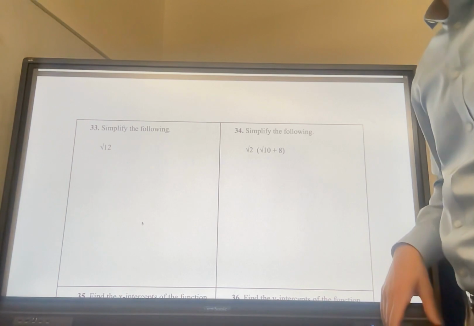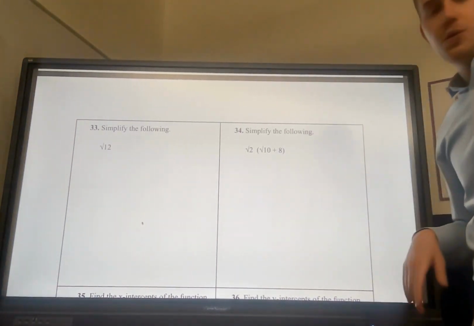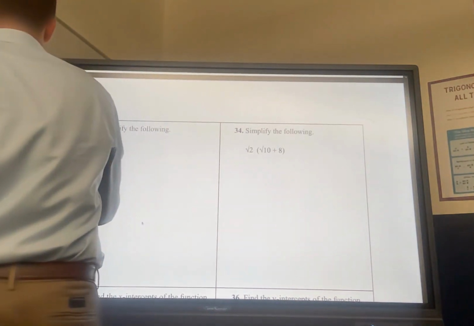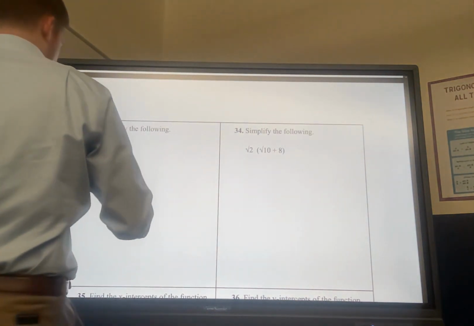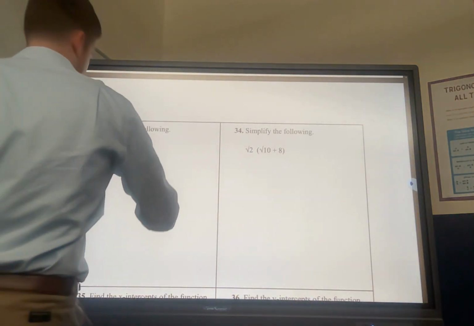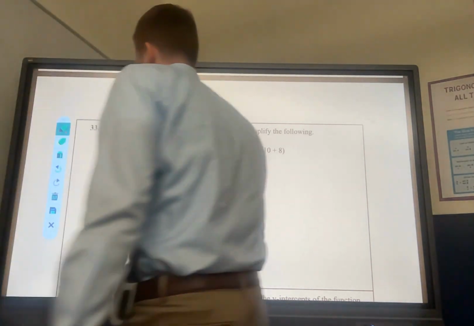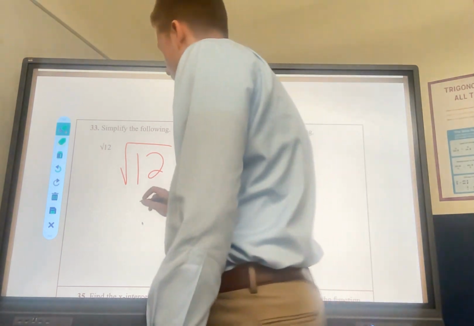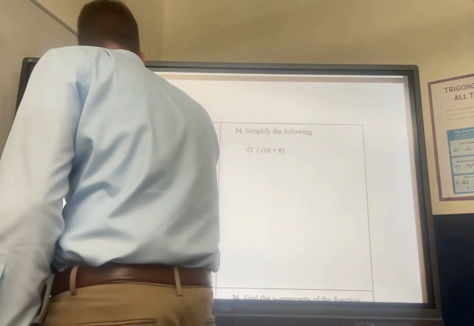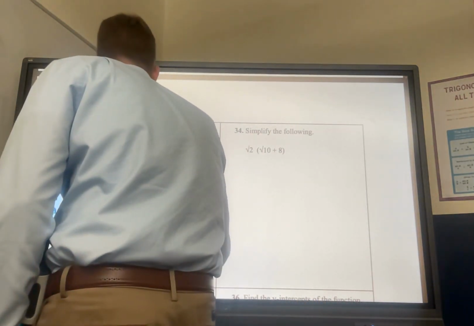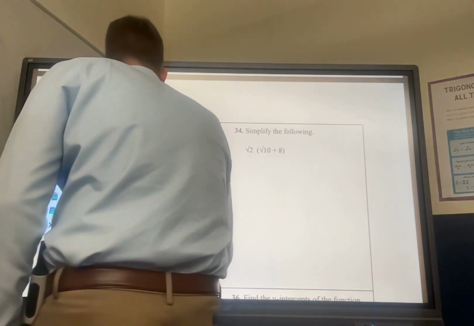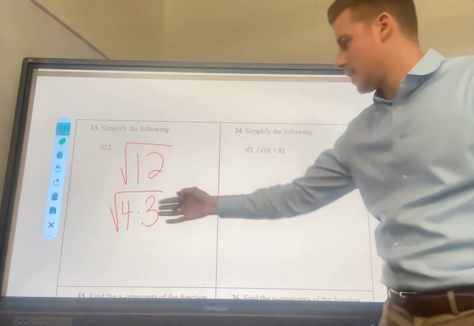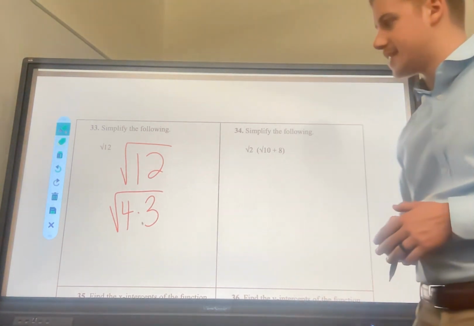All right, question 33 asks us to simplify the square root of 12. It's no problem. So given the square root of 12, I can simplify that. That is the same thing as the square root of 4 times 3, right? 4 times 3 is 12, so those two are the same thing.